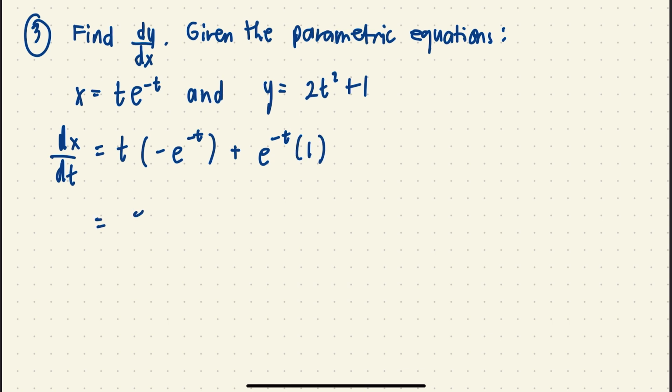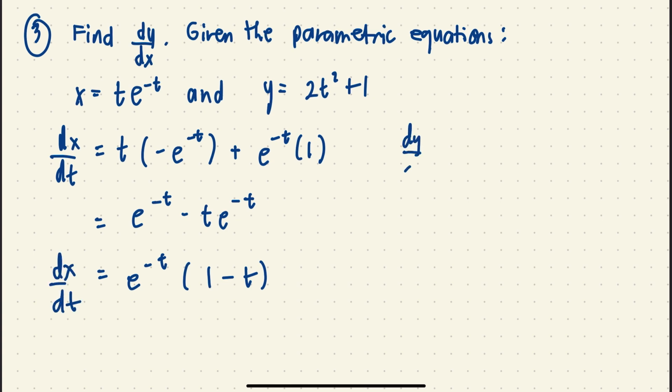So it will just be e raised to negative t minus t e raised to negative t. Or we can factor out e raised to negative t, 1 minus t. That's your dx over dt.